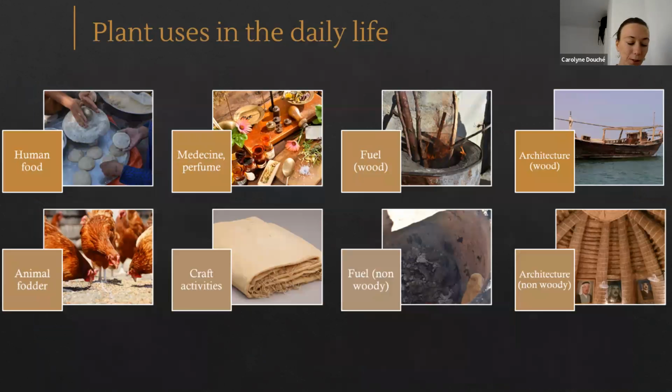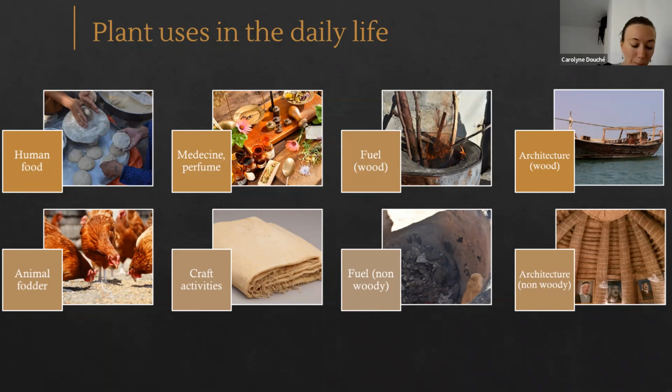In order to understand the interest of studying plants in ancient societies, let's have a look at the wide range of plants used in daily life. First of all, some plants are edible and will be used for food or drink for human and animal consumption.